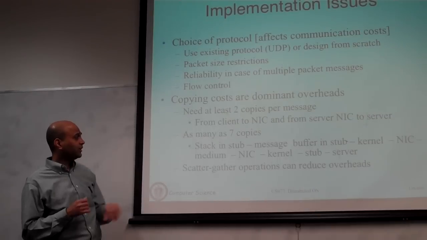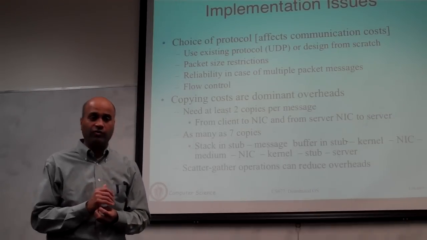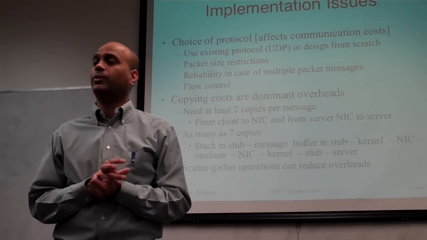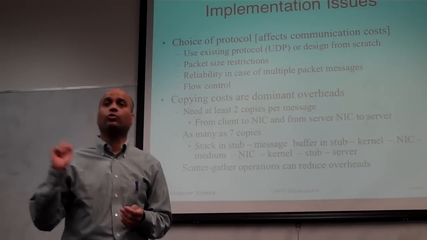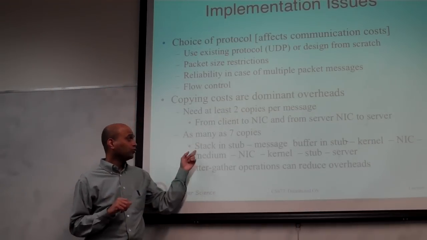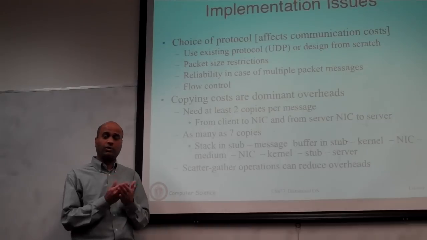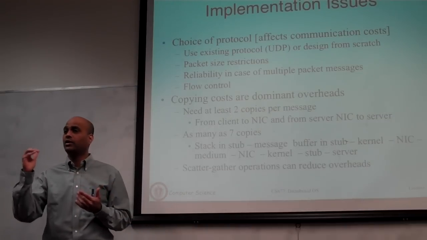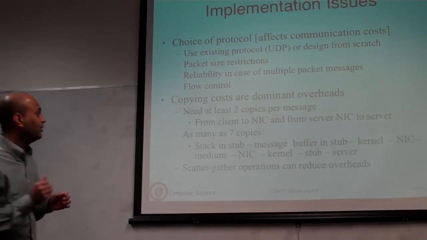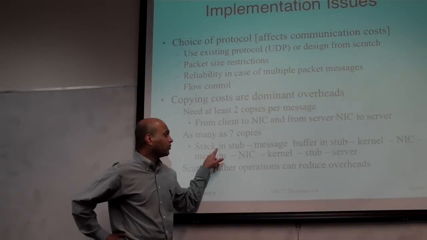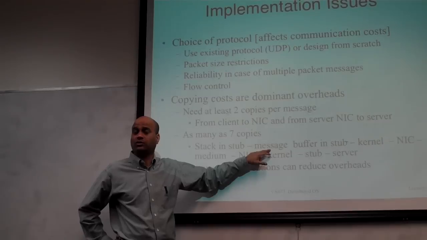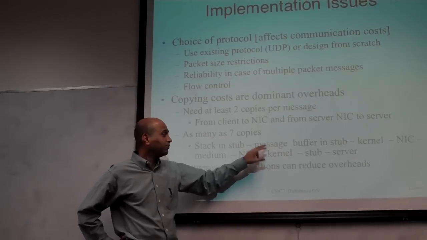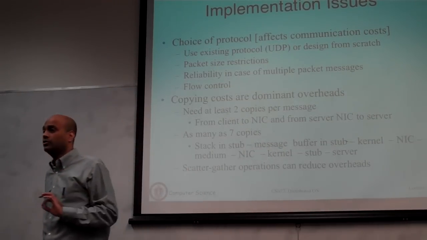The other thing to keep in mind is that there is a lot of overhead of sending these messages. Typically any network message, not just an RPC message, when it goes from one application to another, the RPC call has to come from the client into the stub, and any parameters have to be copied in there. The client has to construct a message to send to the server.